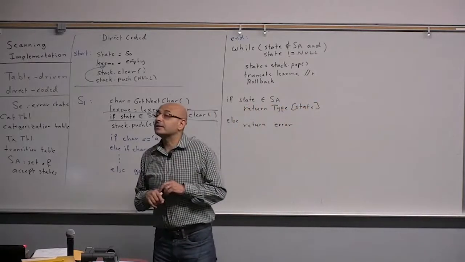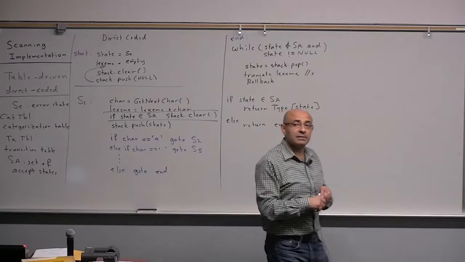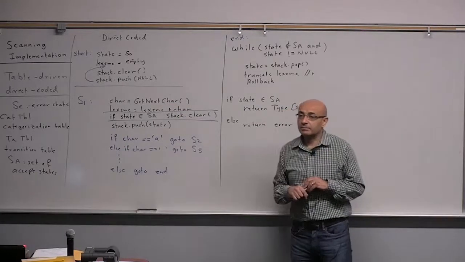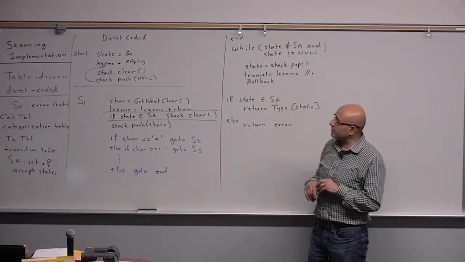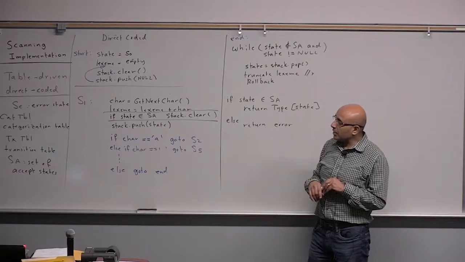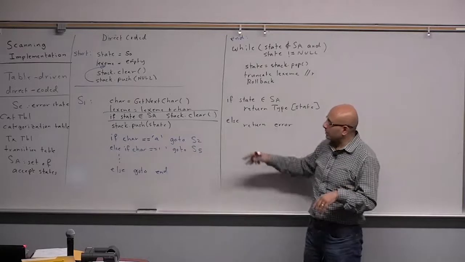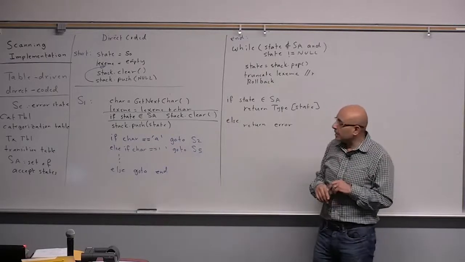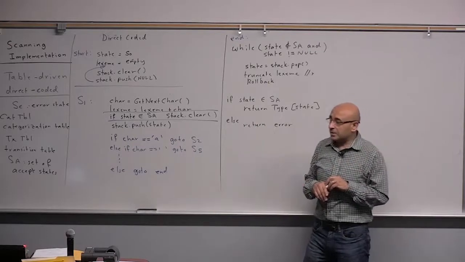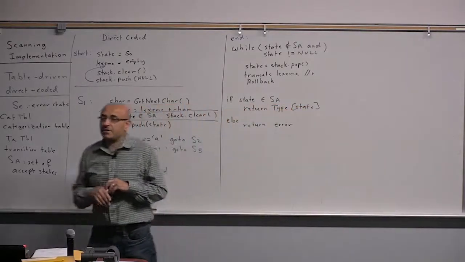So, yes? What do scanners generally favor, the table method or this method? Each one has advantages and disadvantages. I'm not sure, for example, which scheme Flex uses. It probably uses direct. But each one has advantages and disadvantages.